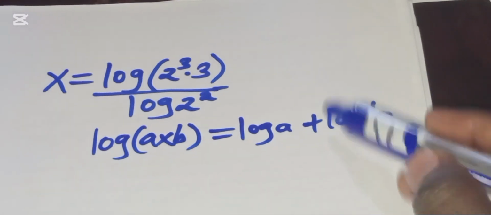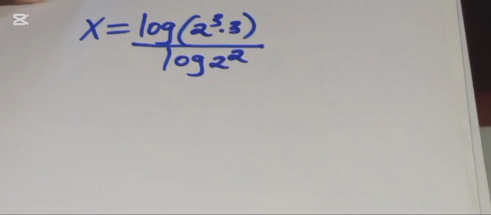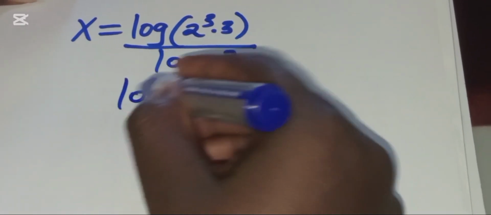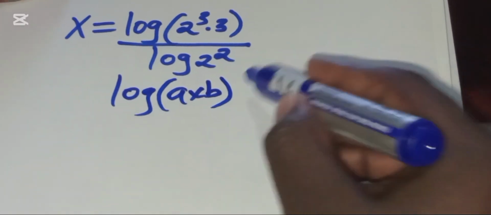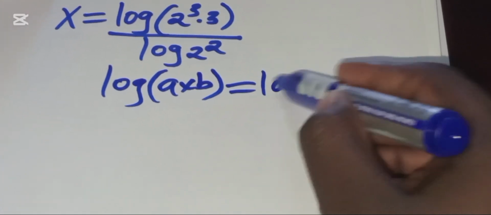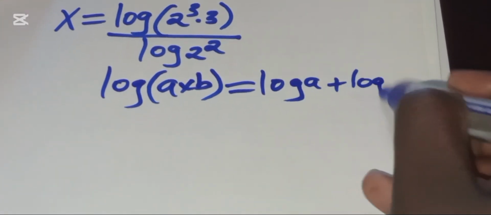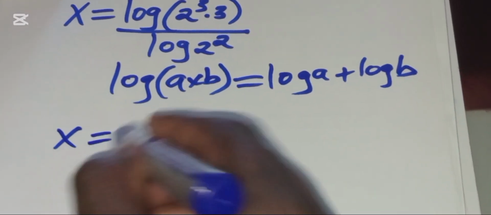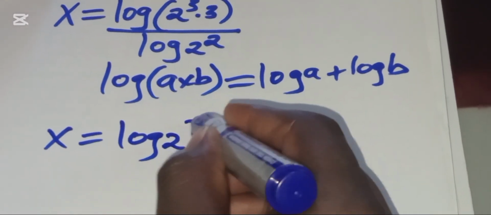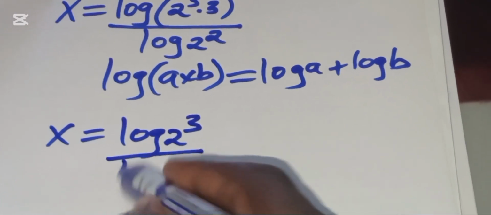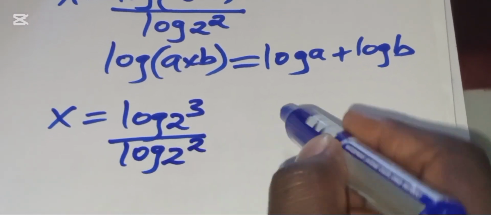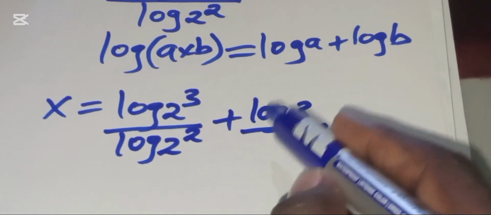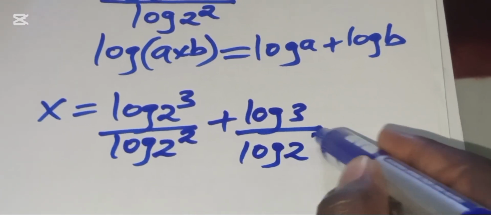Applying this logarithm property, we have x is equal to log 2 cubed divided by log 2 raised to power 2, plus log 3 divided by log 2 raised to power 2.